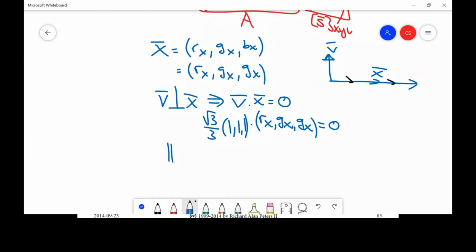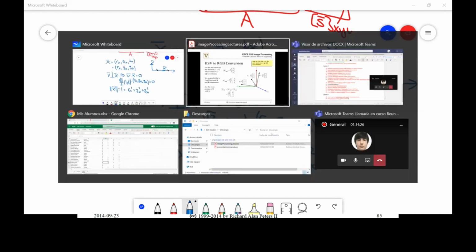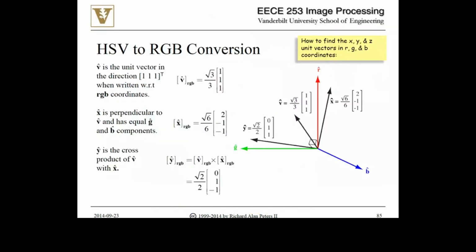So the norm of X must be 1. So that means that Rx squared plus Gx squared plus Bx squared has to be 1. And now we have two equations and two unknowns, and there is a unique solution. And this is the solution. Okay, so now we have X, we have V in the RGB coordinate system, and Y is simply the cross product between the two.